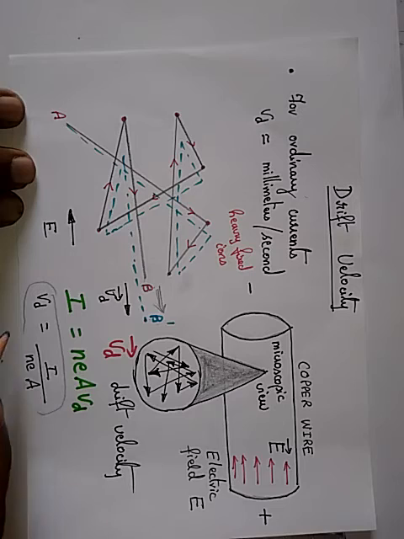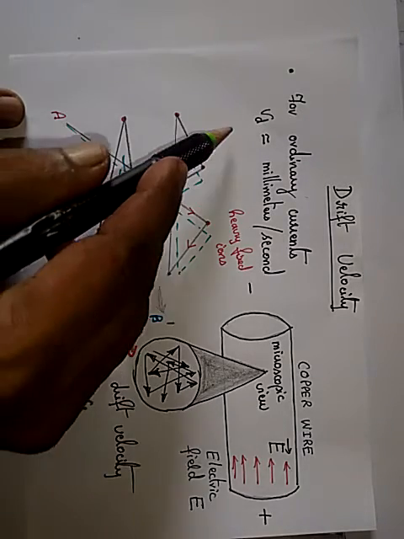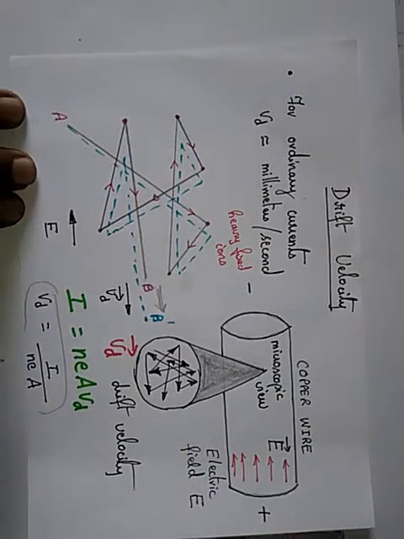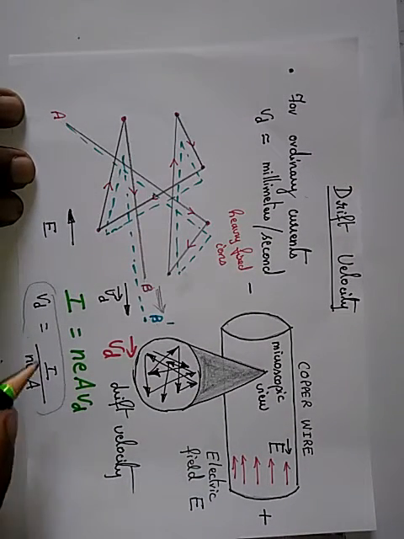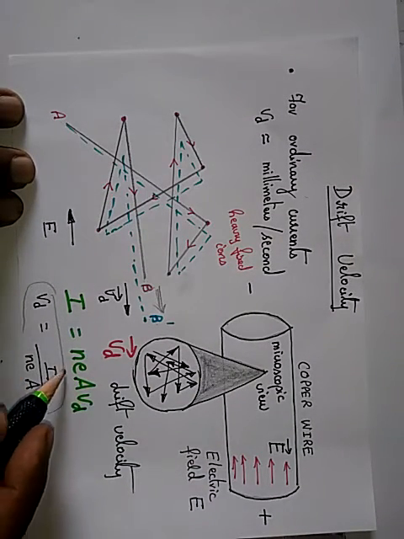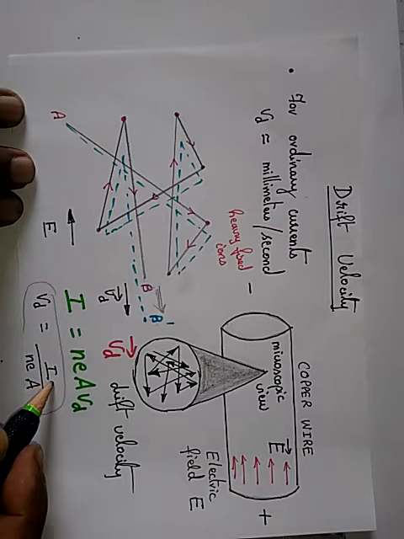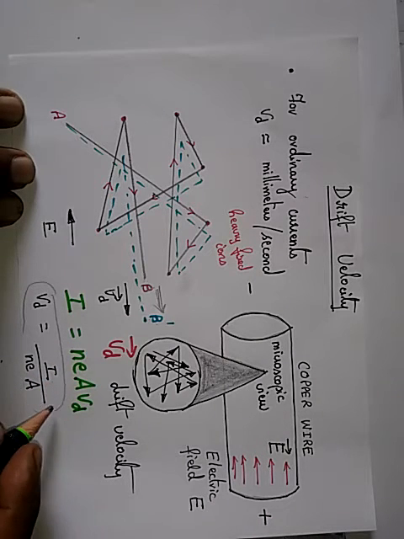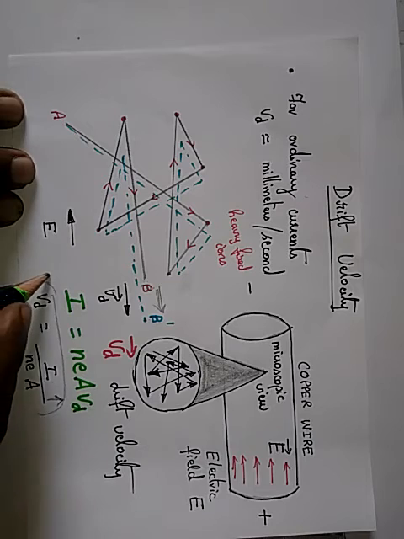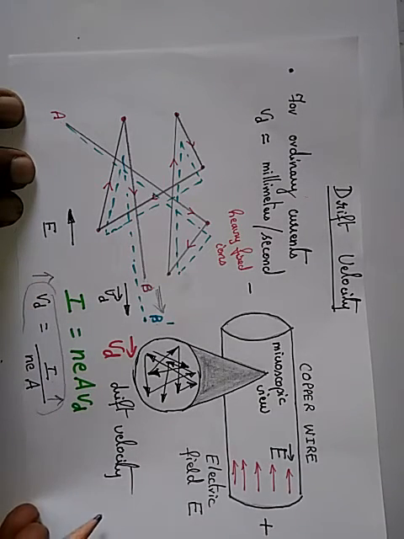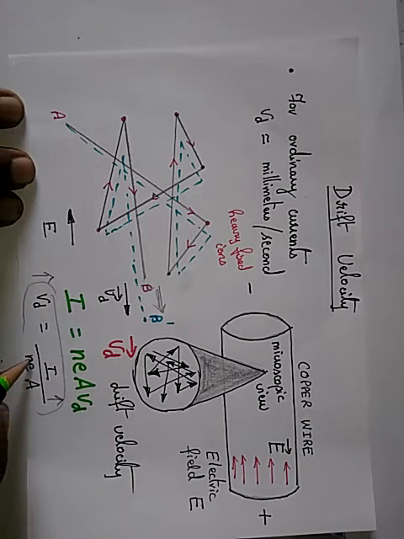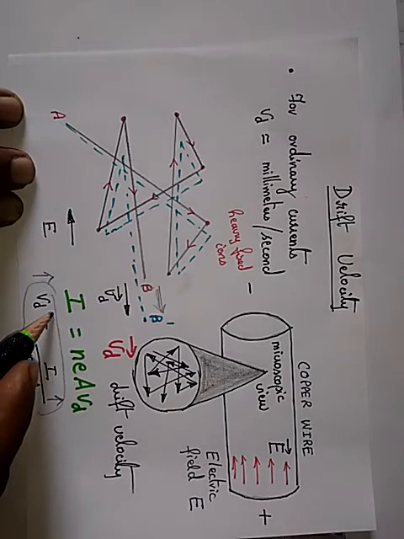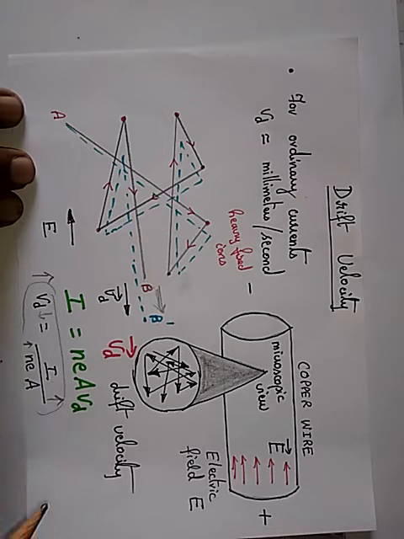So if you know all these values, we can always find the drift velocity, and I already told you drift velocity will roughly be in millimeters per second. Drift velocity directly depends on the current. So if the current increases, drift velocity also increases. Whereas if the number of electrons per unit volume increases, then drift velocity decreases.